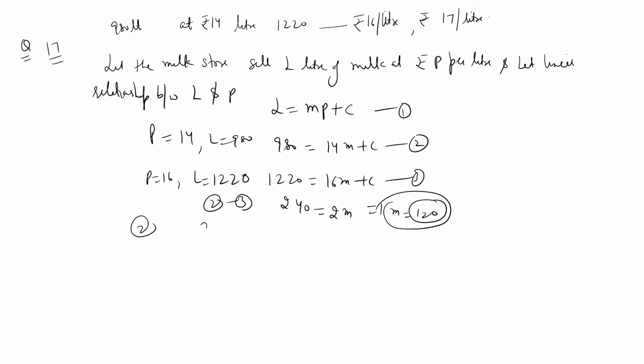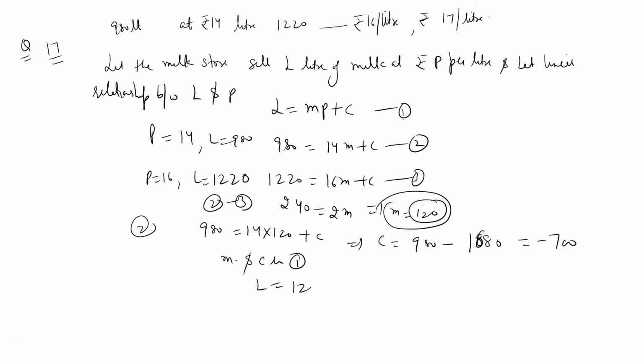So 980 is equal to 14 into 120 plus c, which implies c is equal to 980 minus 1680. So it is minus 700. Now let us put the values of m and c in equation number 1. The linear relationship here is L equals 120p minus 700.